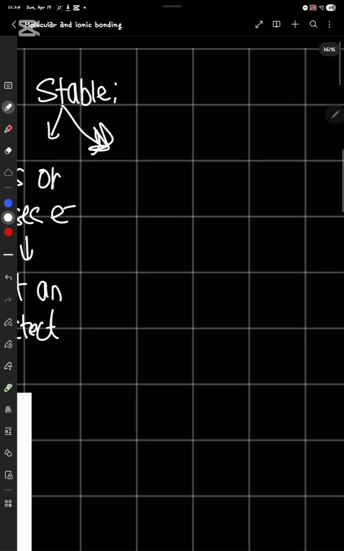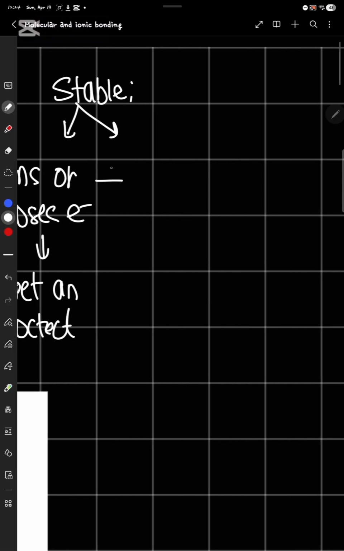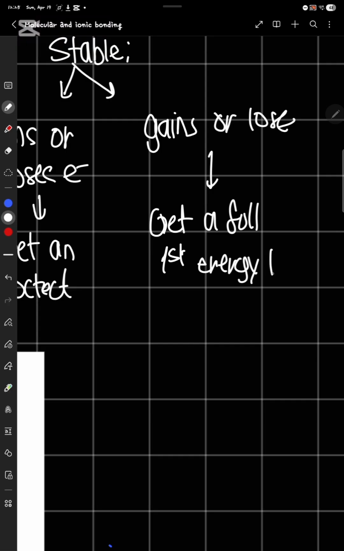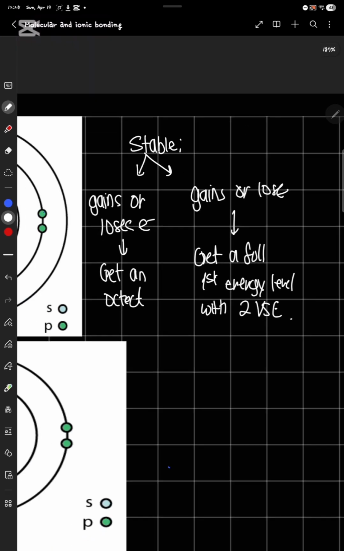And another possible condition for stability is that it gains in order to get a full first energy level with 2 valence shell electrons. Okay?